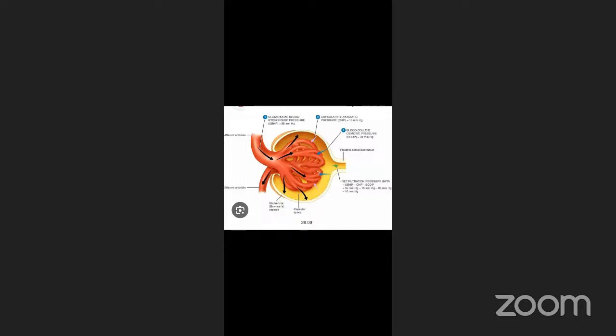You're going to look at the urea, water, glucose, amino acids, salts, and vitamins. These substances are very useful, and therefore they have to be taken back to the body.